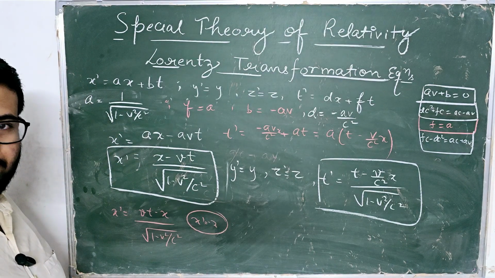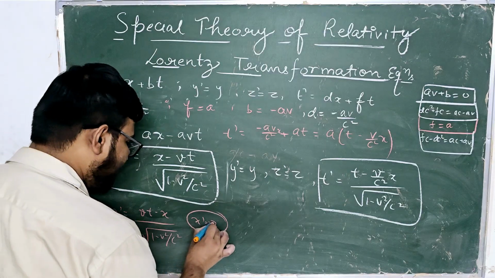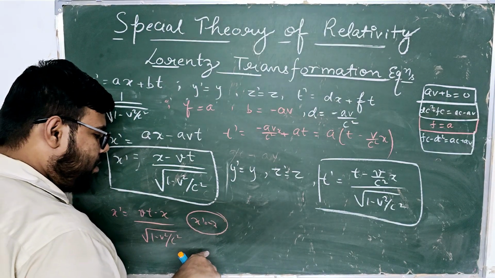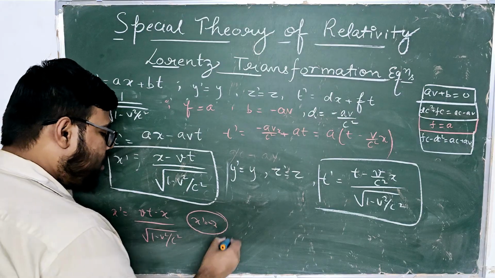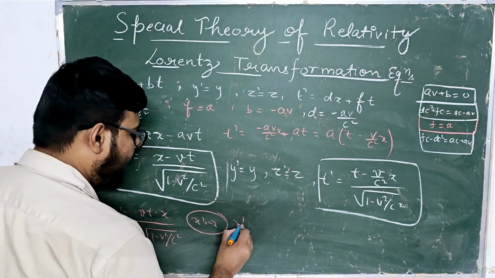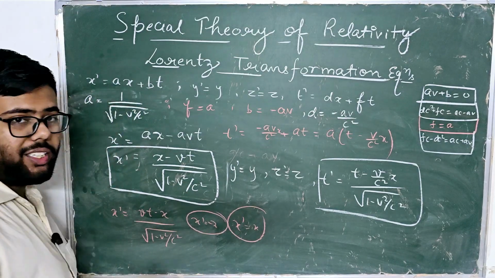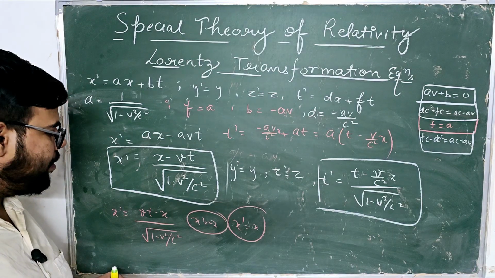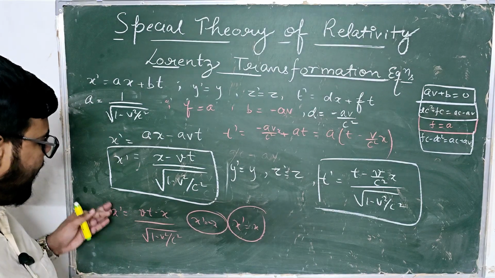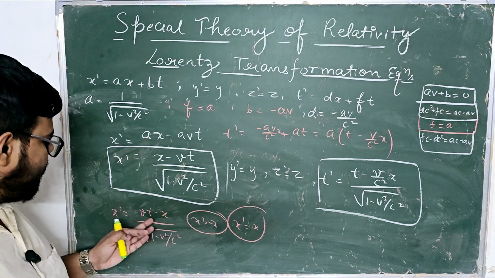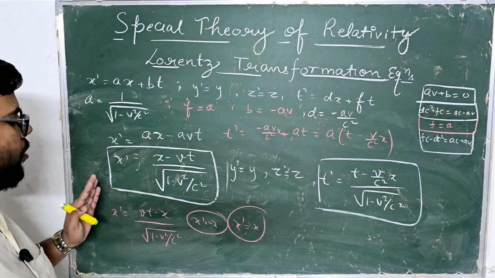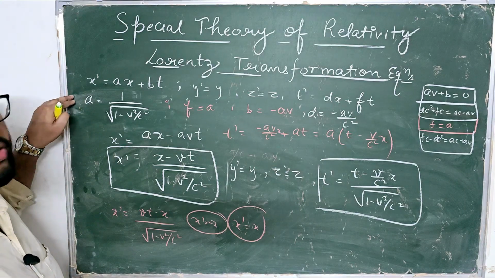We know it. What should have been the actual case is that x prime should have been equal to x when they both are at rest, right? But when we assume a is negative, then in that case we get vt minus x instead of x minus vt, right? So that is the problem. So that is why a should be positive.